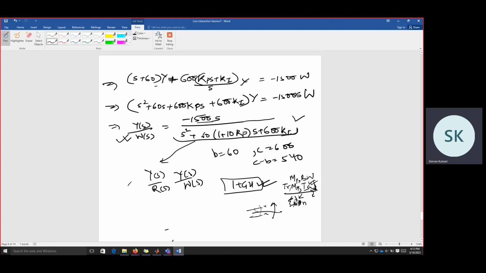Corresponding to that zeta and omega n, this PID controller is tuned such that this behavior is obtained. In doing so, disturbance rejection is also taken care of, because if the disturbance is acting and is not rejected, it will have an effect on the output, and that is not what is expected.